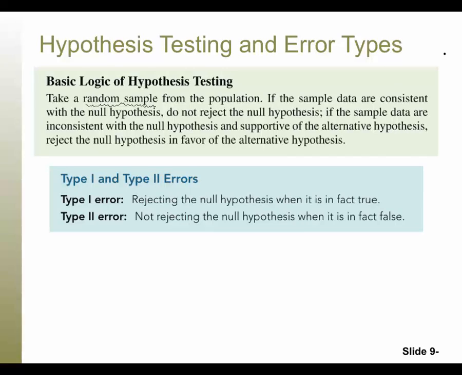Okay, so then there's 2 possible errors that we could make. We could reject the null hypothesis when in fact the population mean is that value. So it's possible to do that. So before we talk about errors, remember with taking random samples, we know that it's a matter of confidence.